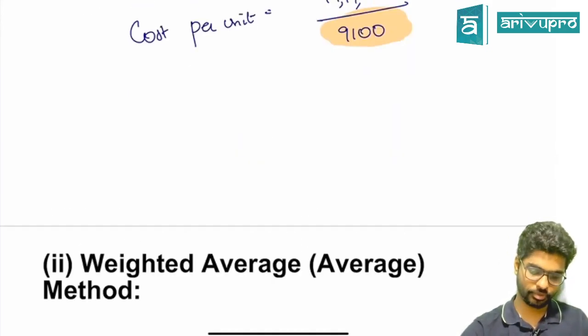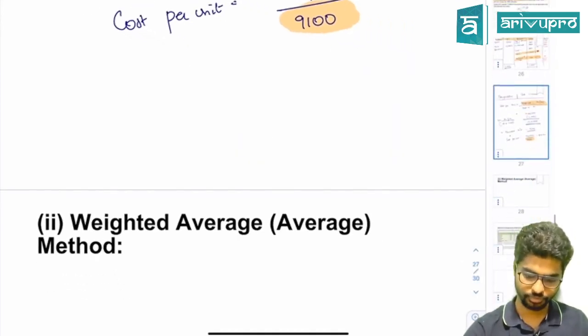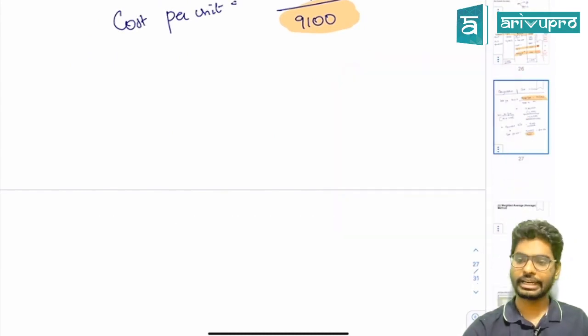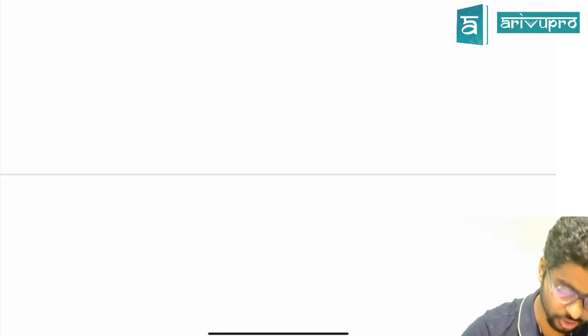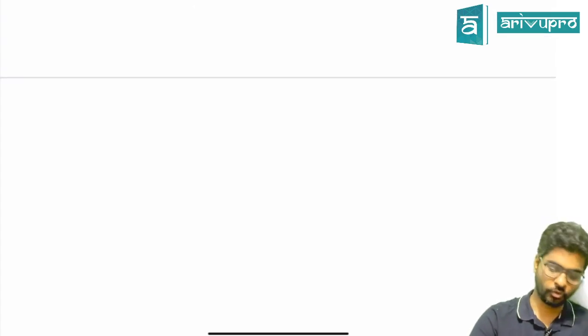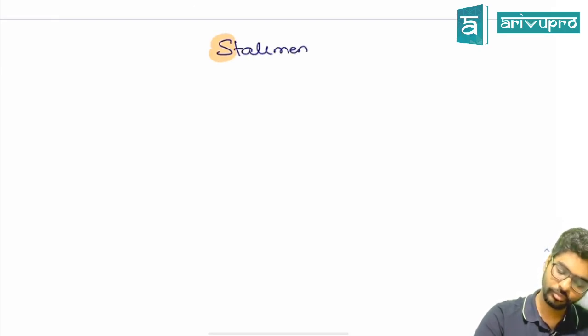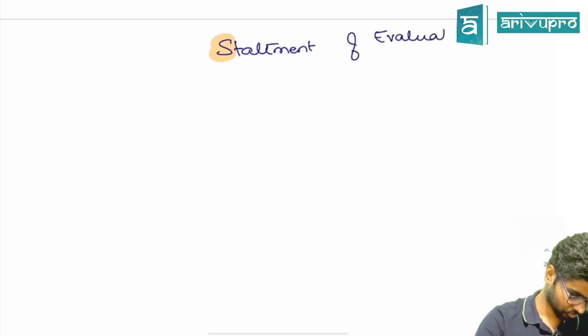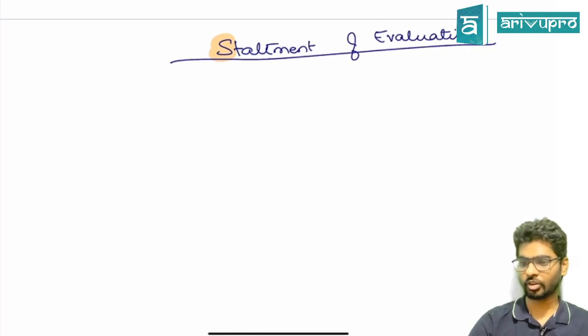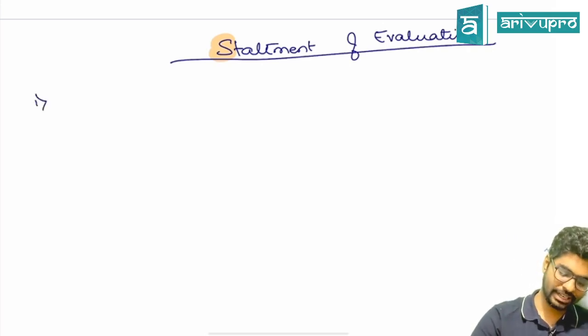Now, let me do the next step, trying to find out the cost. So we call this statement the statement of evaluation. First thing, let me find out the cost of WIP.